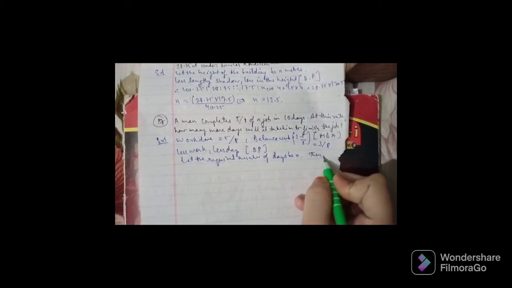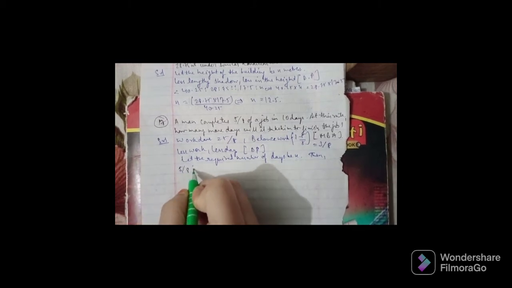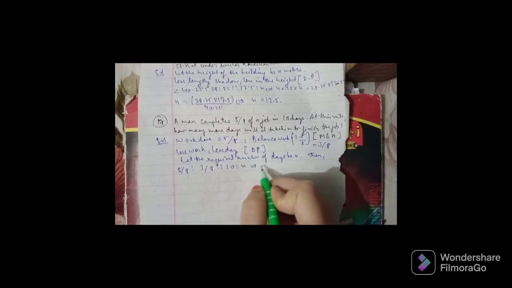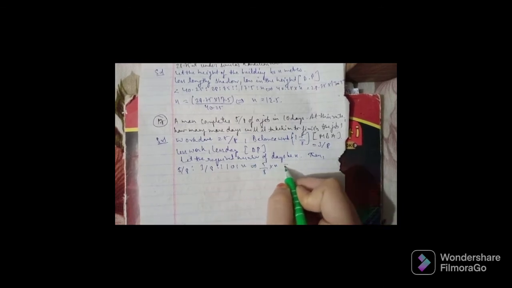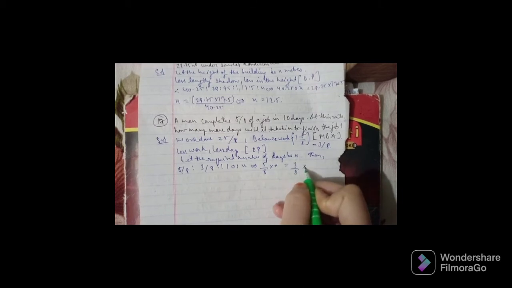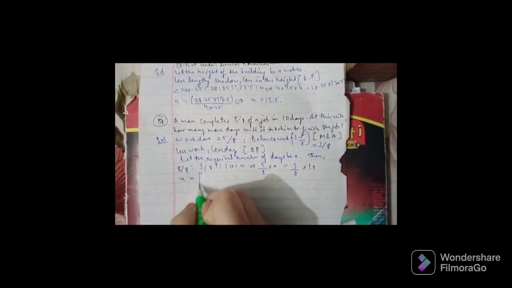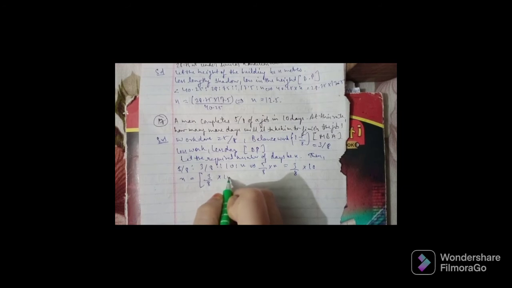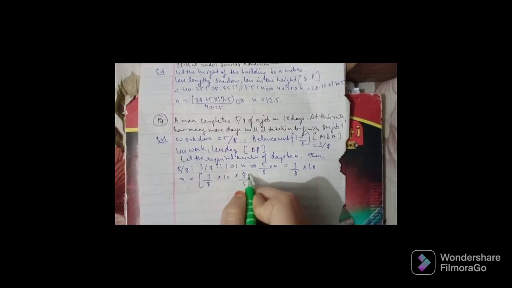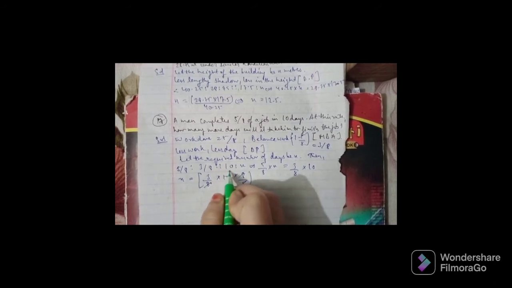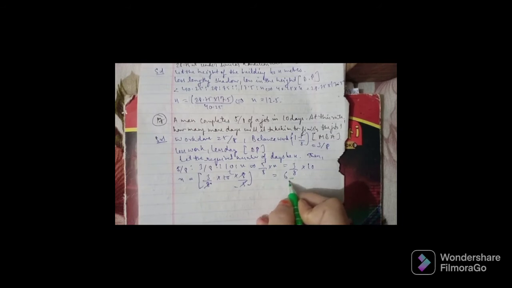Then 5 by 8 ratio 3 by 8 is 10 ratio x, which gives 5 by 8 into x equals 3 by 8 into 10. x equals 3 by 8 into 10 into 8 by 5. Here we cancel out the 8s; 5 ones are 5, 5 twos are 10, and 3 twos are 6. So we get the answer 6 here.